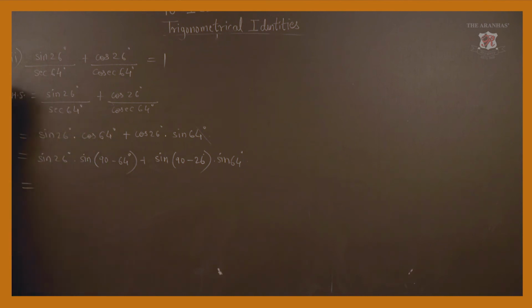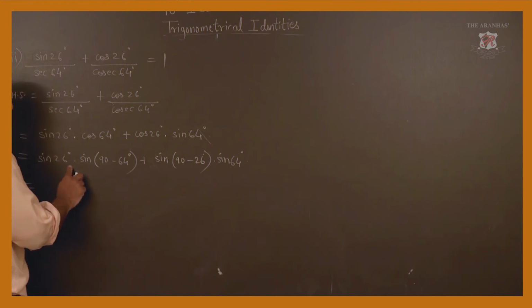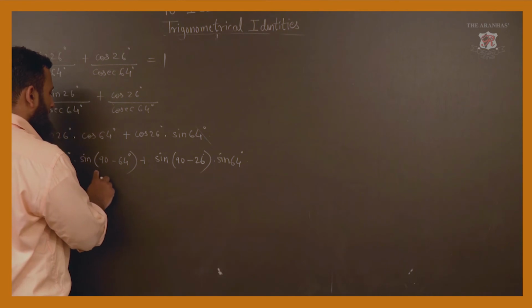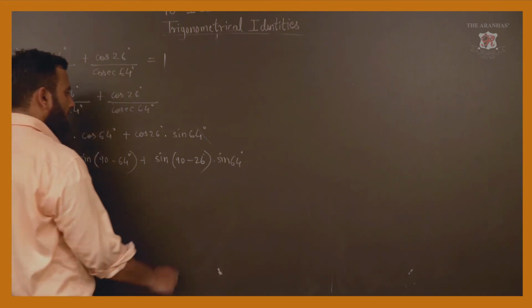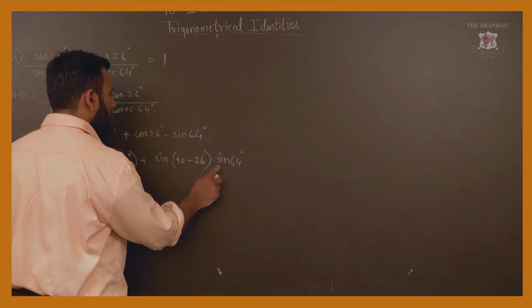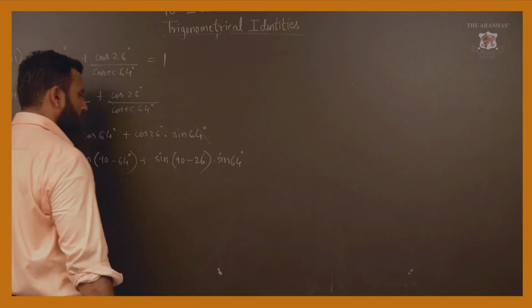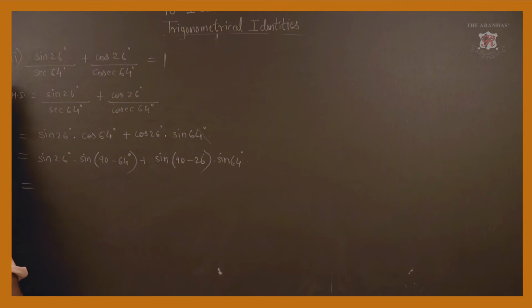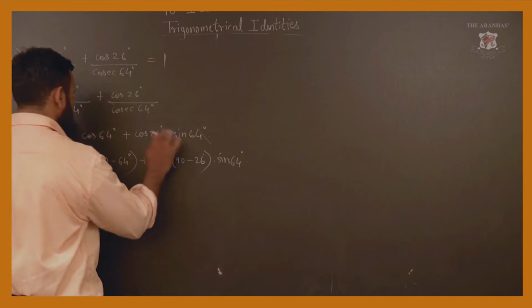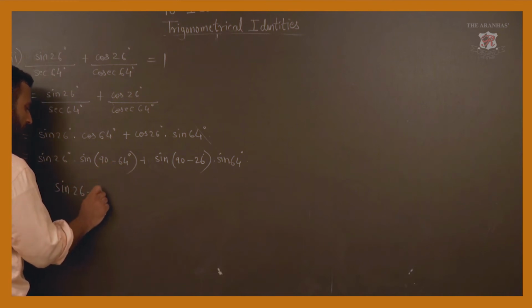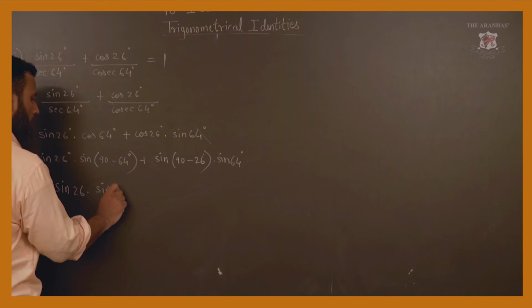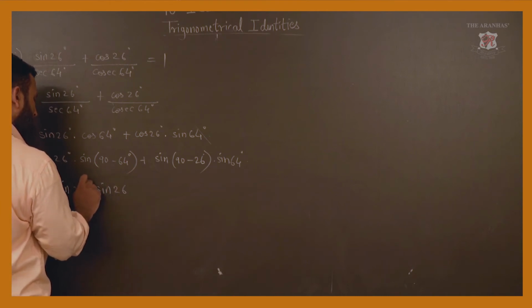Let us see step by step. Here you have sin 26, here you have sin 90 minus 64, and here sin 90 minus 26 and cos 64. One more thing, students, you can do in this case, 90 minus 64 I can write it as sin 26 degree.